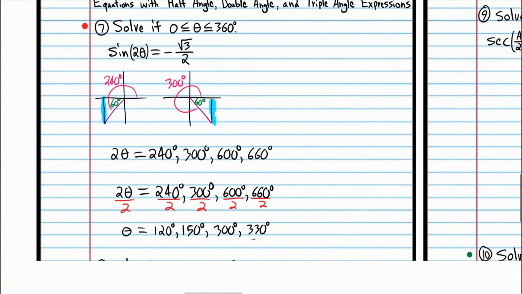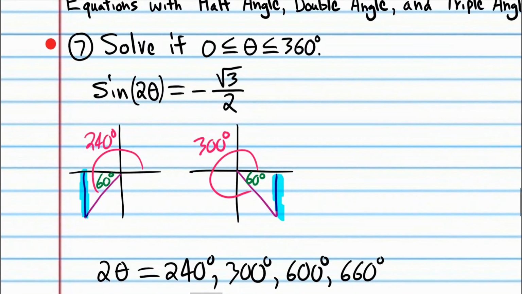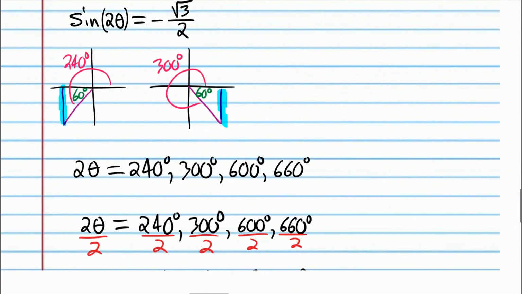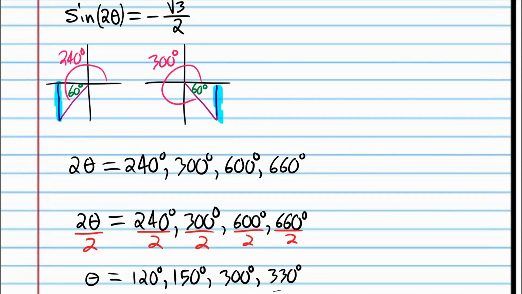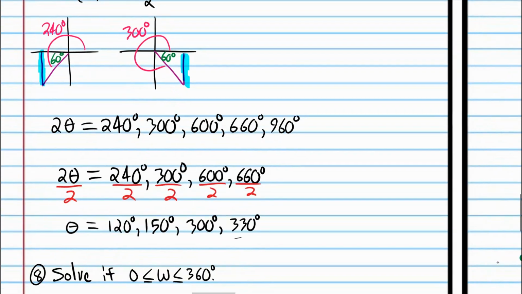Now, maybe to be safe, we should find one more coterminal angle, because you never know. There might be some more solutions. So let's add 360 to 600 to get another coterminal angle, and we get 960 degrees, and if we divide that by 2, 960 divided by 2 is 480.